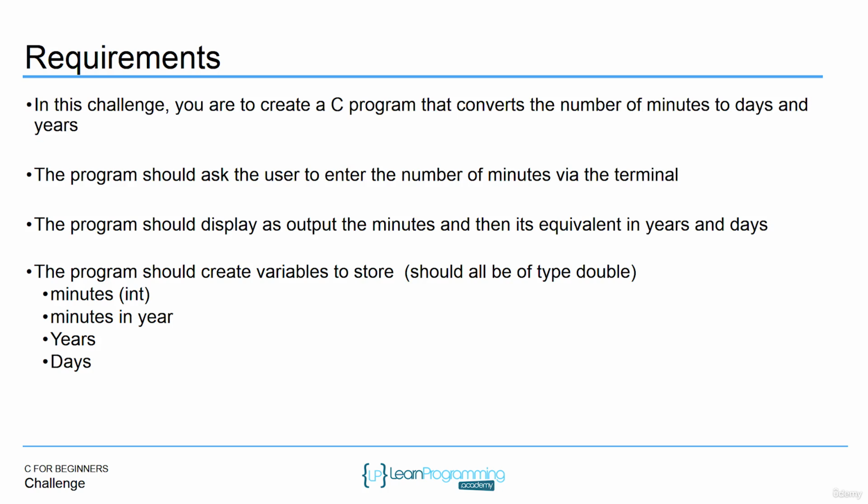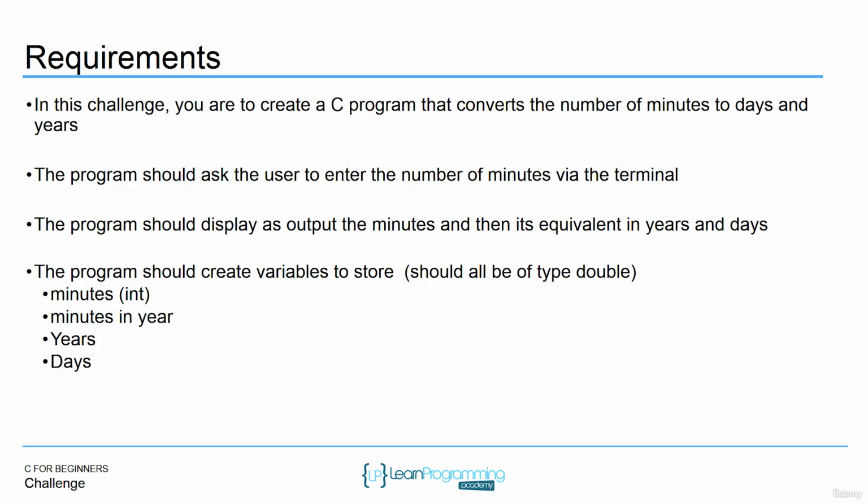And the reason, you can use the minutes in the year to actually calculate the number of years, right? Because the user is just going to enter the minutes. You need to know how many minutes are in a year to display the number of years, right? So I would expect you to have a variable called minutes in year.